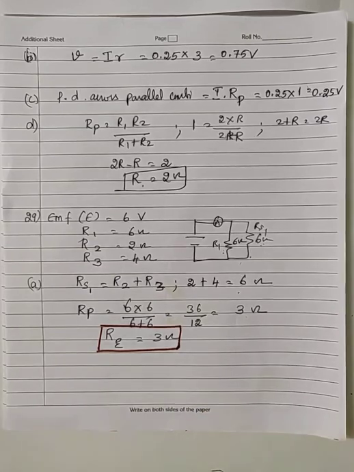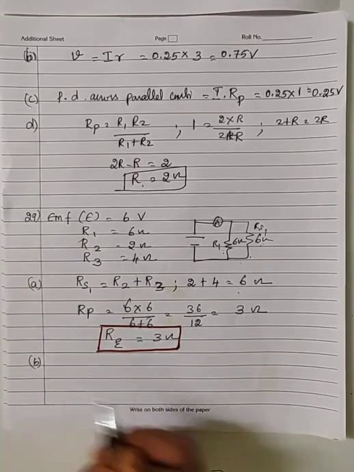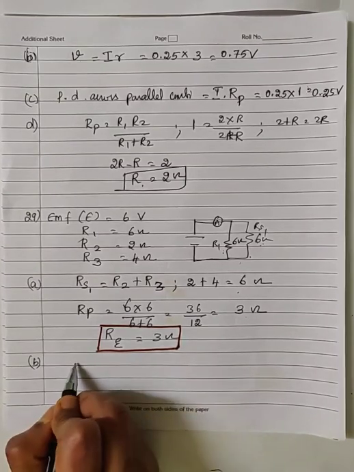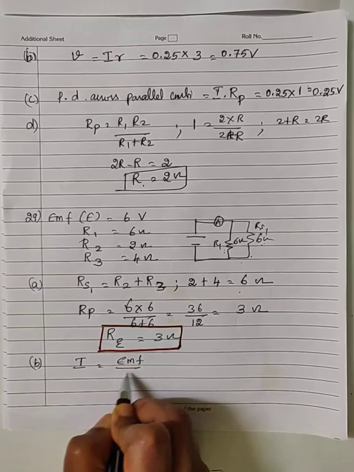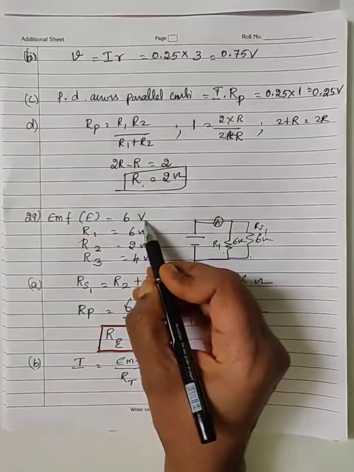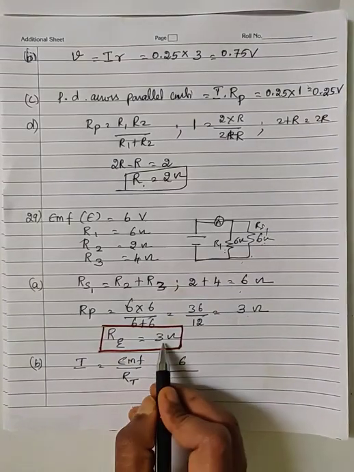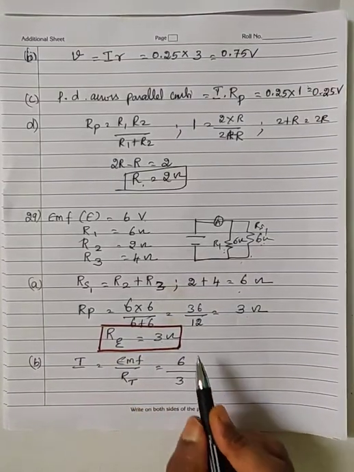Next question, the reading of the ammeter. The ammeter will read the current flow through the circuit or the current drawn from the cell. The expression for current drawn from the cell is EMF by total resistance. EMF of the cell is given as 6 in the question. And the total resistance is the effective resistance in the circuit, which is equal to 3, because the internal resistance is not given.